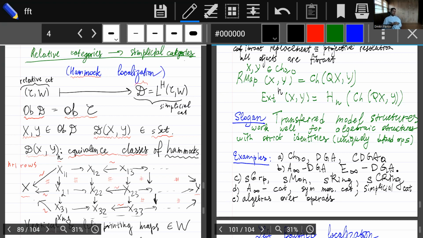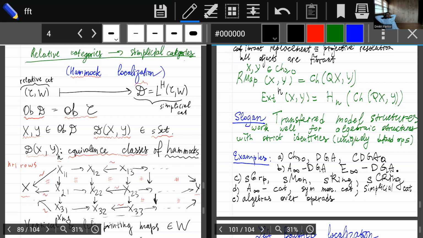Okay, so in what we will study later, we will also need examples of a different type, where instead of some strictly defined algebraic operation, you only have algebraic operations defined up to a contractible choice.